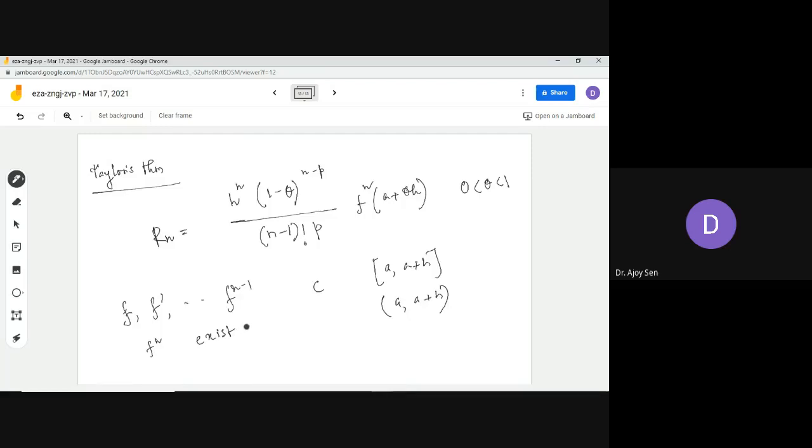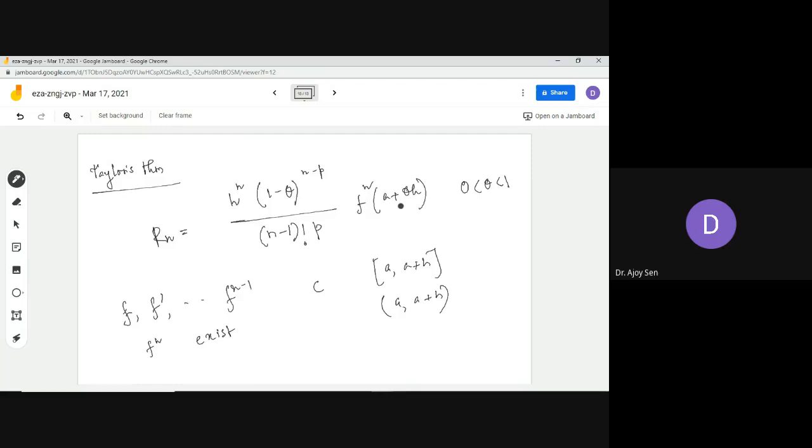If this happens, then with p a given positive integer, there will exist a value theta such that f of a plus h is equal to Taylor's polynomial plus this remainder term. All the things are the same, no problem. Just this is a generalized form of remainder that I need to emphasize. Sometimes we can be asked this.